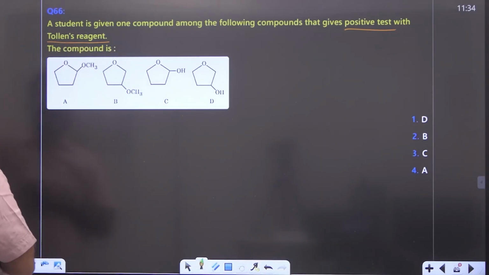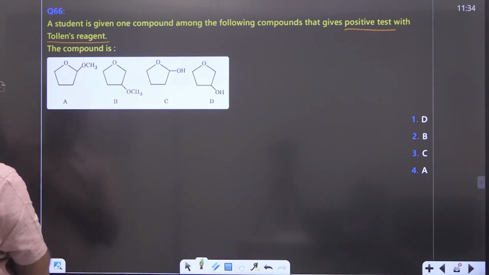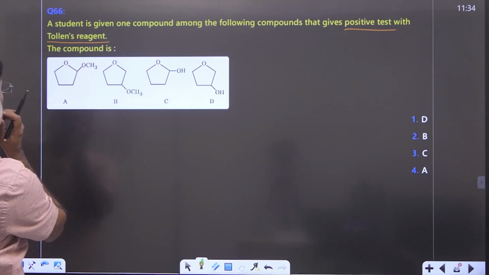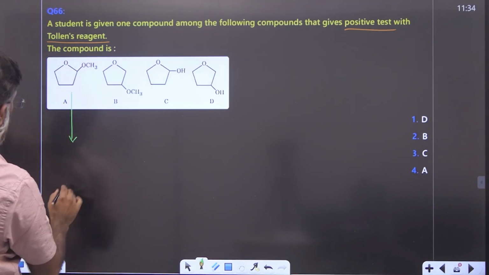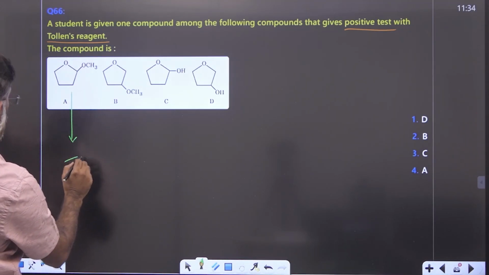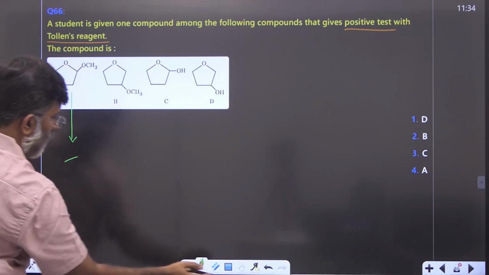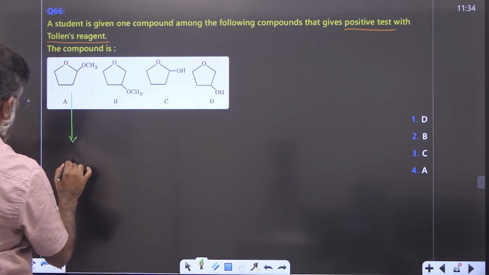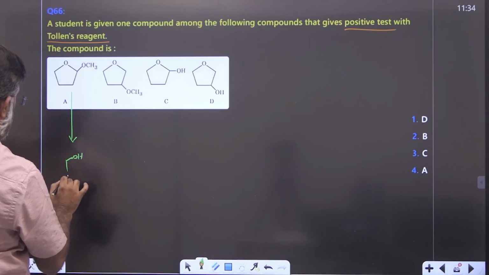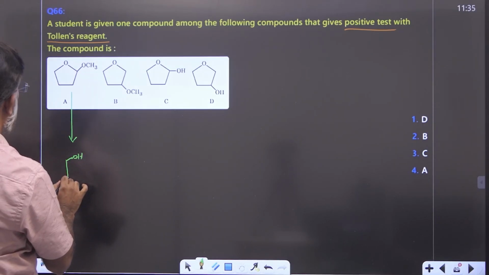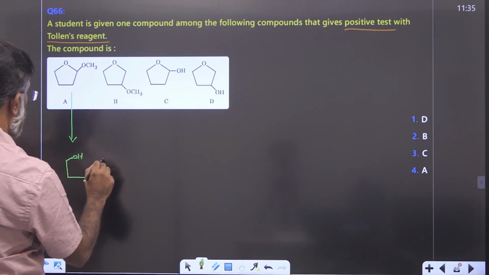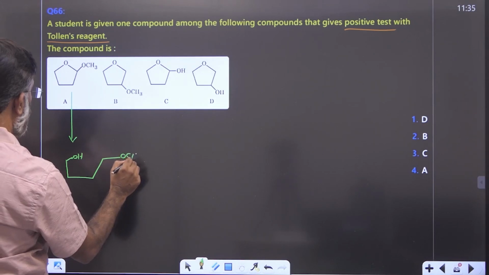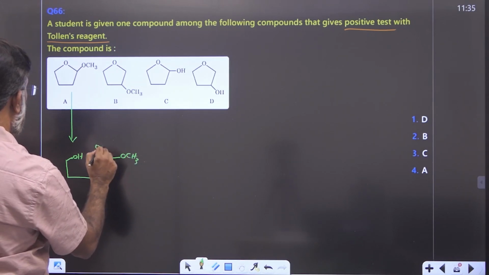Let's have a look at this one. This upon hydrolysis, suppose it is hydrolyzing over here, you will get OH, OCH3, OH.